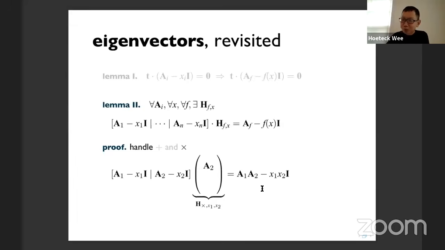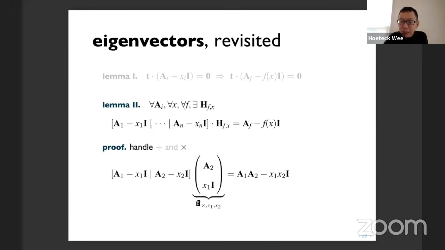It turns out if you put X1 times I over here, you get exactly what you want. So X2 times X1 gives you X1 times X2, and you get a cross term X1 times A2, but it cancels out with the cross term A2 times X1, and you get exactly the right hand side. Good. I think there are no questions, and this basically gives you the construction for H for addition and multiplication.